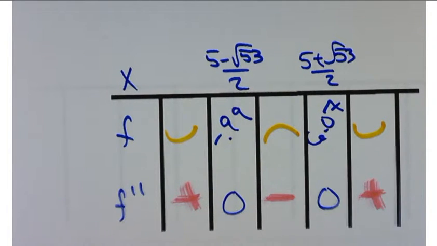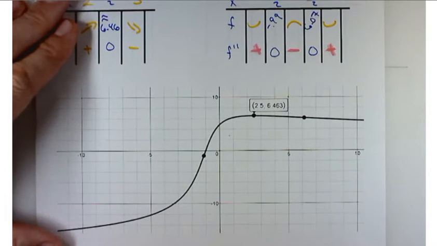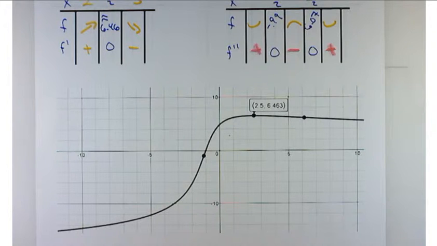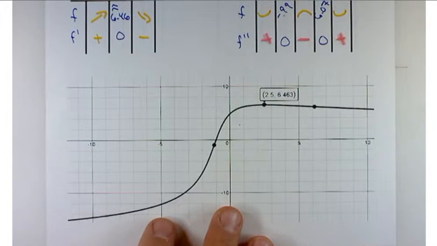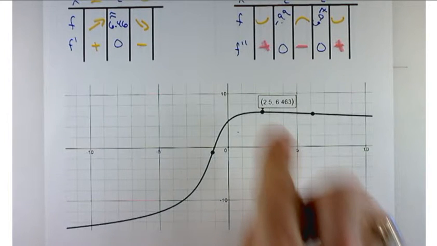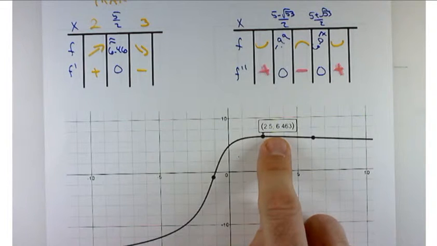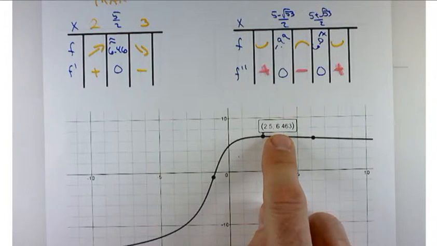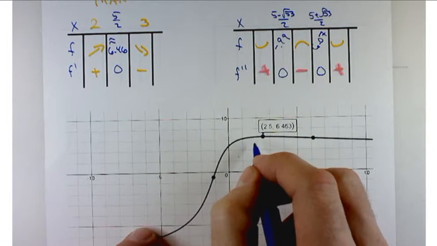Let's bring that back and look at the graph now. First things first, we see that we've got a maximum point right here where we expected it, right? At 5 halves, you plug that in, you get a numerical value of about 6.463. Okay, that's our maximum. So let's label that max. There's a couple other points on our graph as well.